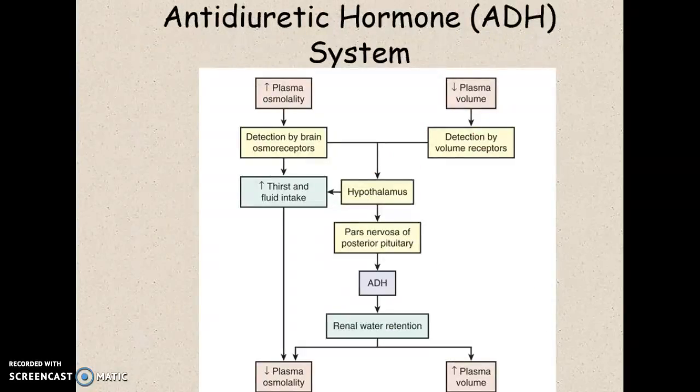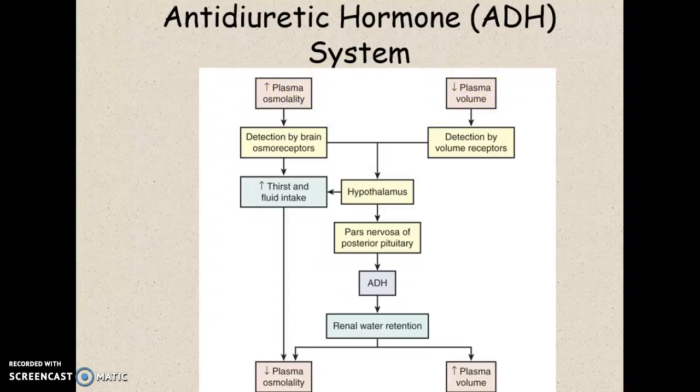All right, the antidiuretic hormone system, simply called ADH sometimes. This is critical in regulating water balance throughout the body. ADH, which you see here, kind of in the middle of the slide, is going to be secreted by the pituitary in response to increased plasma osmolality up here or decreased plasma volume.